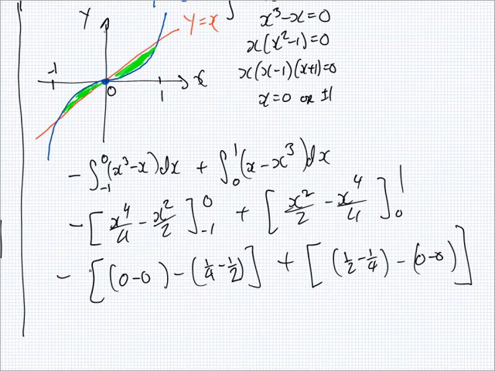By another minus is minus a quarter. And this is a half minus a quarter. Oh, hang on. Let's be careful with our signs. A quarter minus a half is minus a quarter.